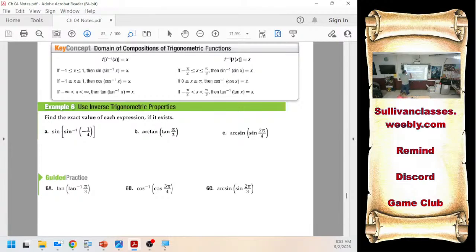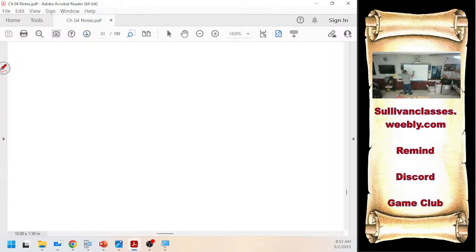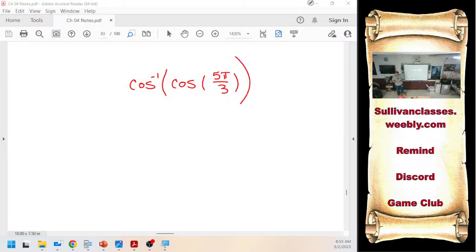That means we don't necessarily get a function with its inverse. X is my input and output. Remember we asked what would happen if I did arc cosine of the cosine of something like 5 pi over 3. Everyone got their circle on hand? So go to 5 pi over 3. Is plain old cosine restricted?